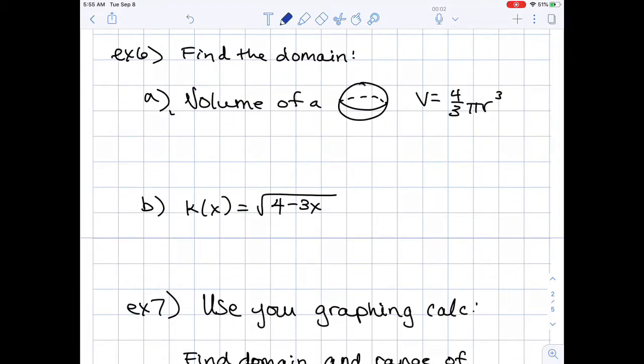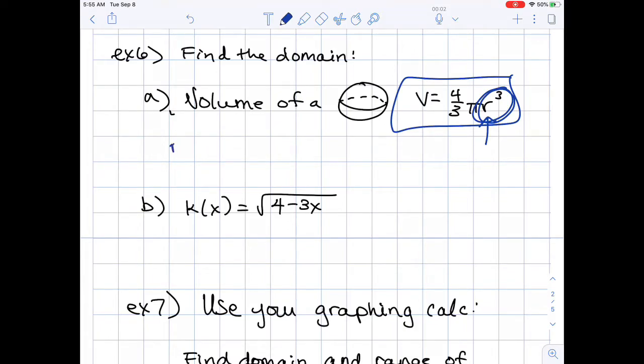Okay. Let's find the domain of the volume of this. So again, is there any restriction on what I can put in here? Well, because this is a cubed function, anything negative that is cubed stays negative, and we can't have a volume that's negative. The same thing, we can't have a sphere if the radius was 0 because it wouldn't be a sphere.